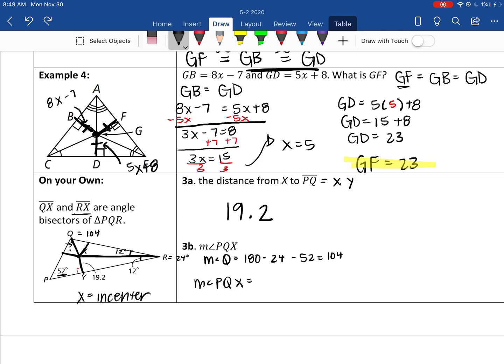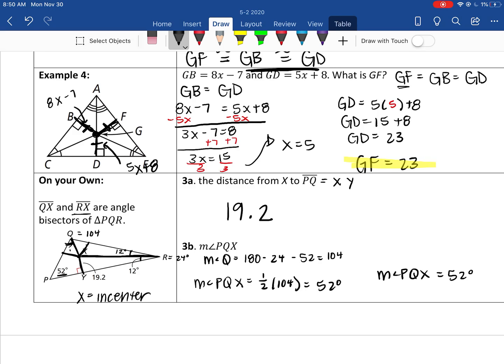I want this angle in here, which is cut in half by XQ. So all I need to do is take 1/2 of 104, which is going to give me 52 degrees. So my measure of angle PQX is 52 degrees.